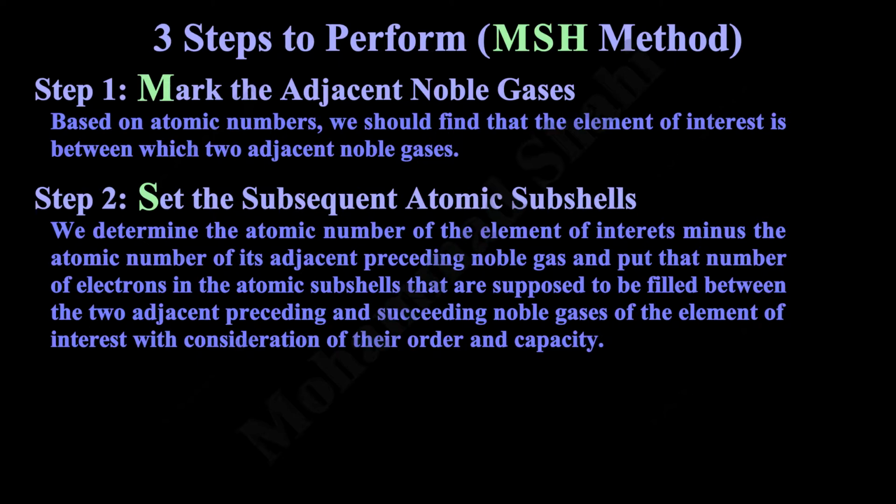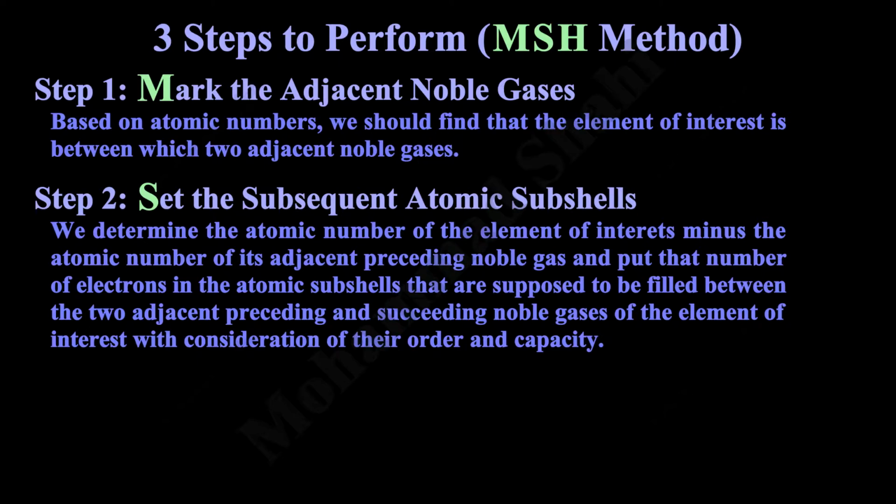The second step is to set the atomic subshells that come after the adjacent preceding noble gas by putting the difference between number of electrons of the element of interest and its adjacent preceding noble gas in appropriate subshells with consideration of their order and capacity.